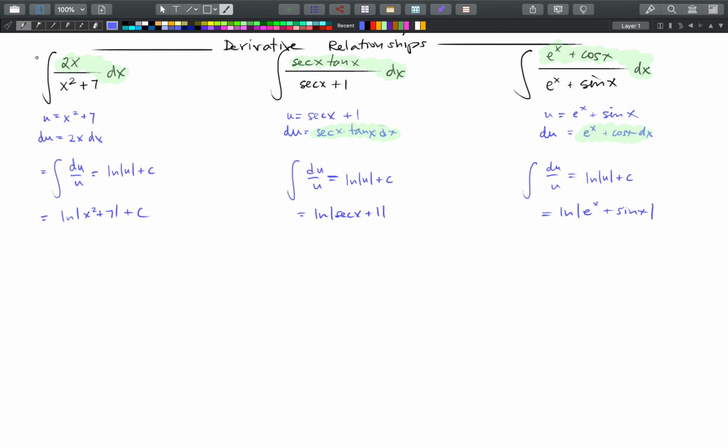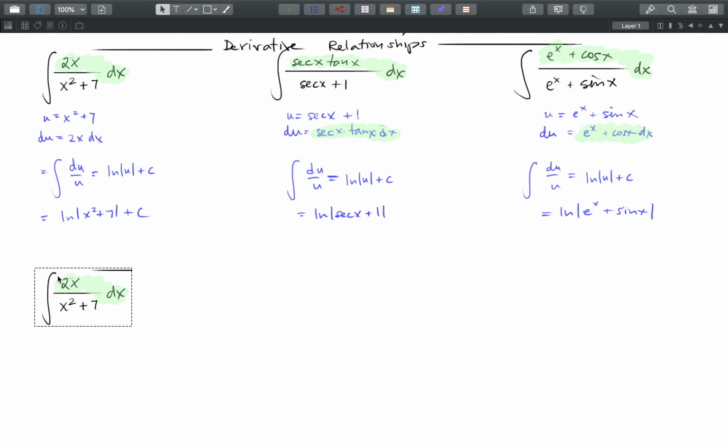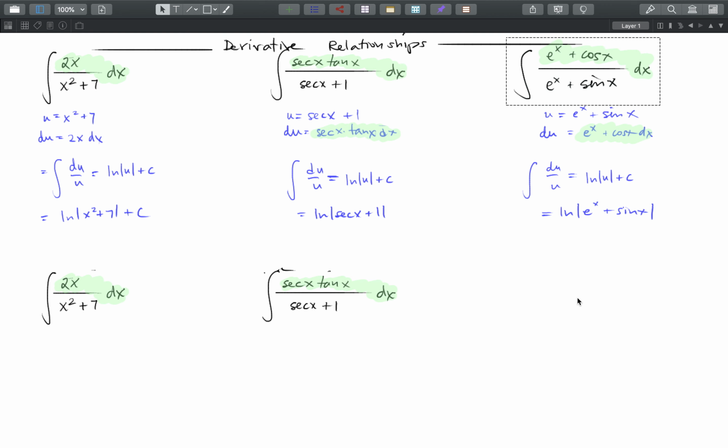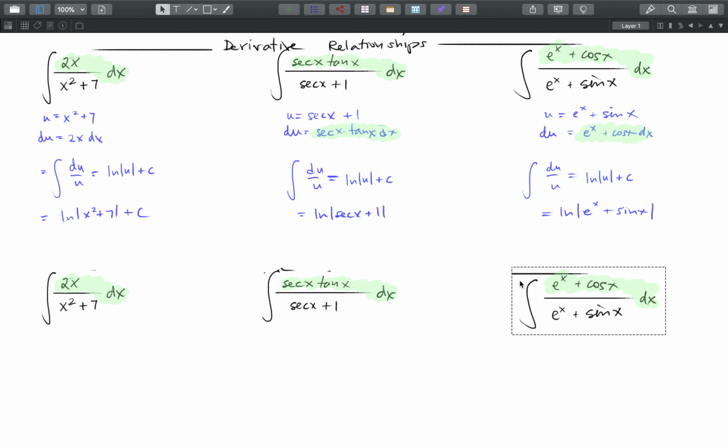Now, let's take the same set of problems and modify them just very slightly and see in what way are things different and in what way are things the same?